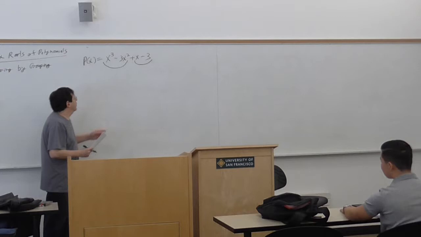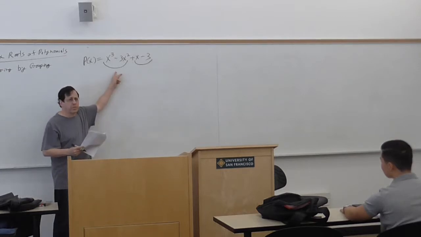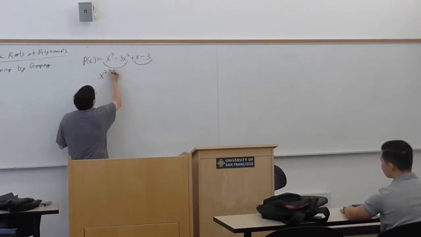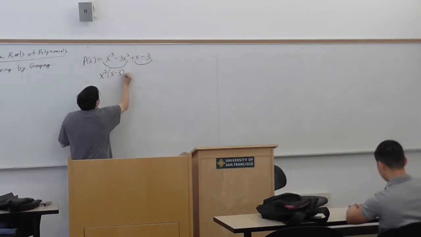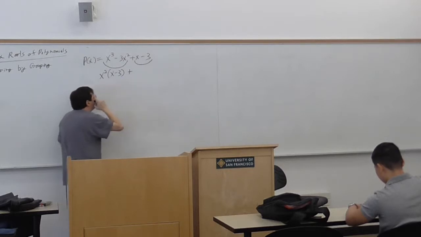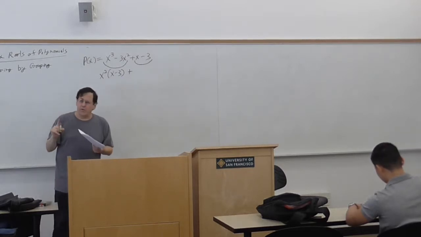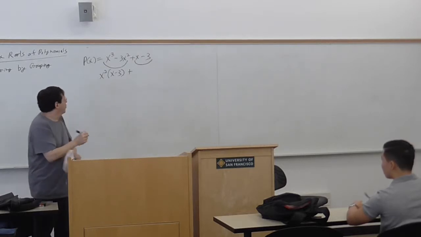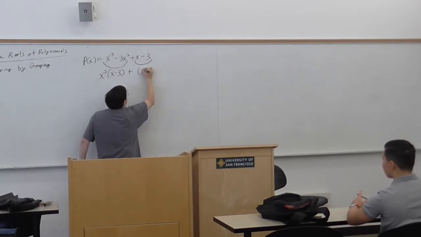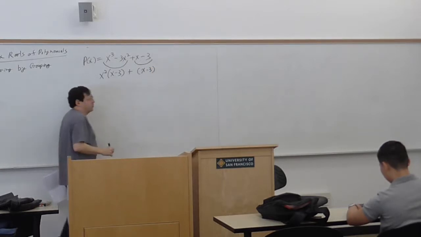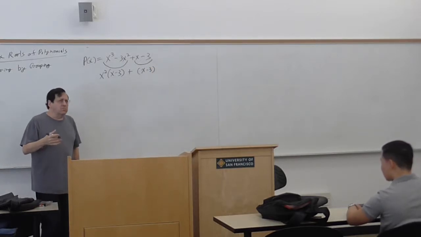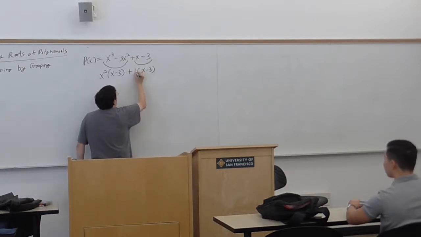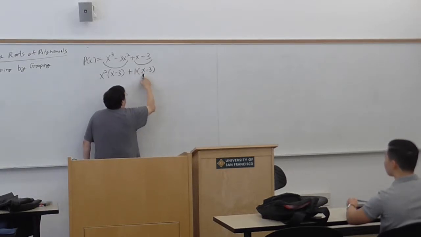So what are the factors of this first group? X squared plus... Now, some of the other class, when I wrote this, missed this maybe not perfectly obvious, but crucial point that this is 1 times x minus 3.